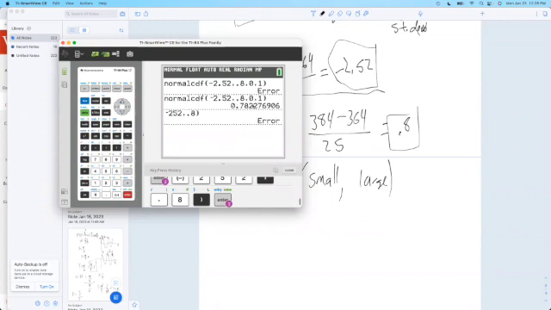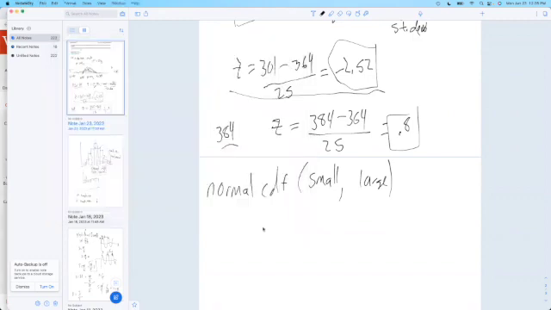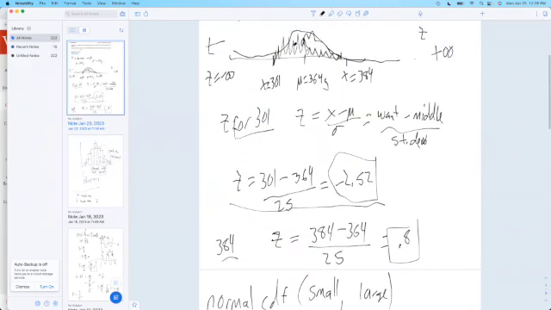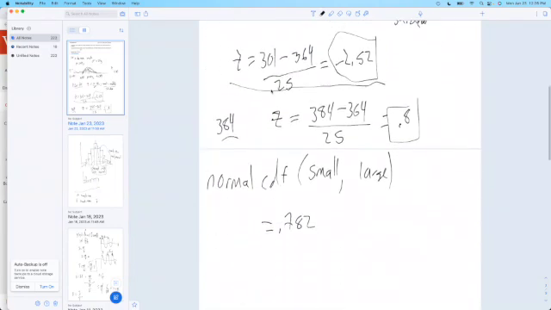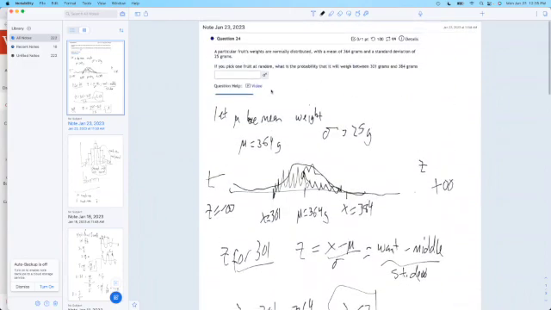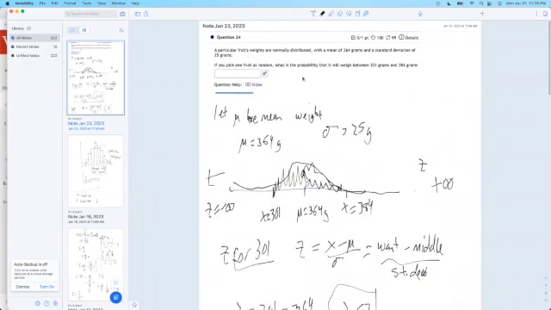0.782. You probably want to go 3 places here. You will never get an answer bigger than 1. You can't have more than 100% probability. 0.782 is my answer. That means the area that I shaded there is 78% of the total population, or 78.2% of fruits are between 301 and 384 grams.